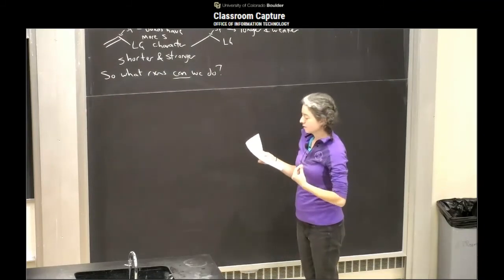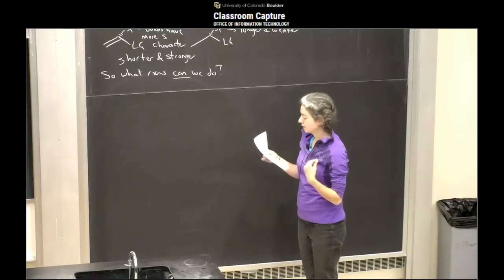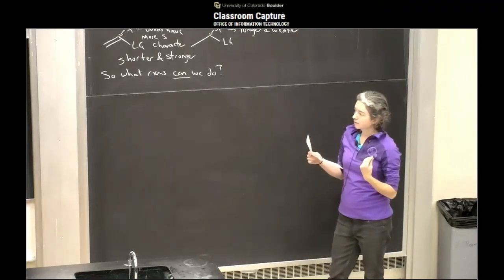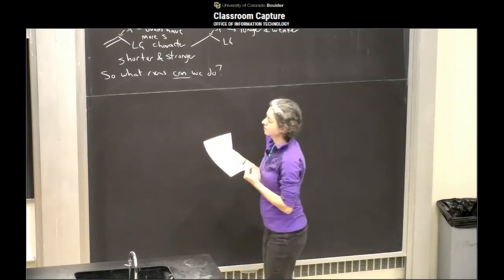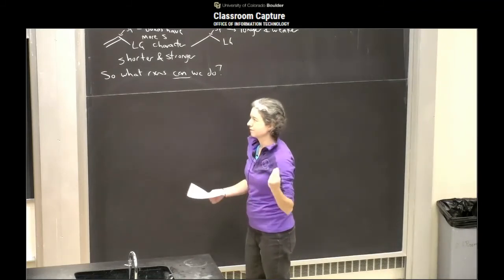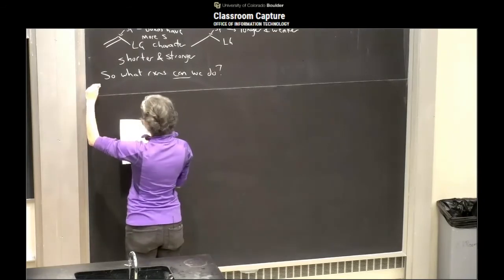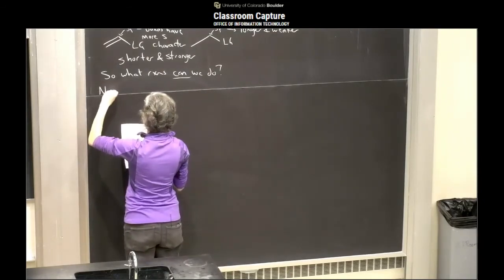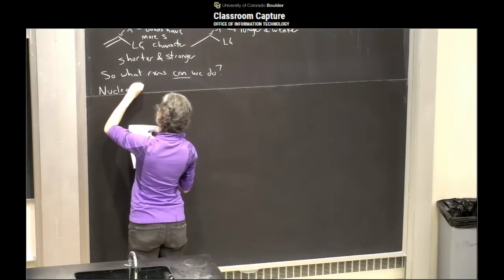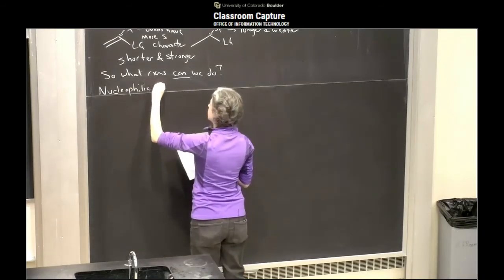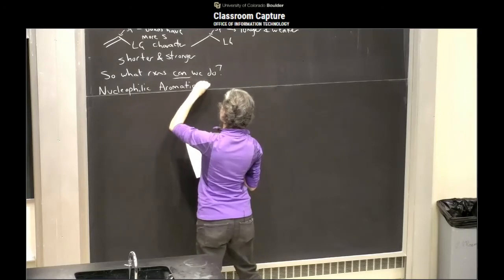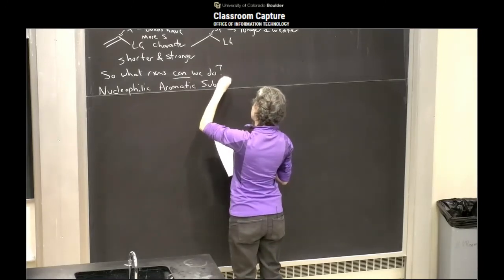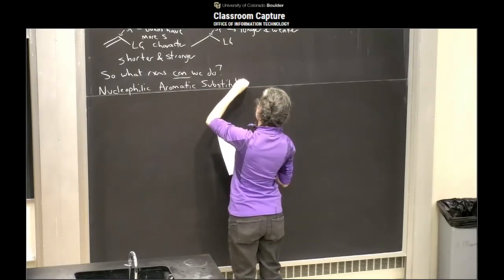Okay, so the first one we're going to see in this chapter is similar in some ways to electrophilic aromatic substitution, but also the opposite of it in some ways. So instead of electrophilic aromatic substitution, we're going to look at nucleophilic aromatic substitution.